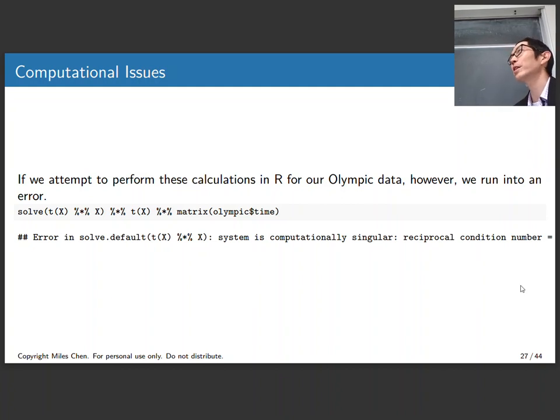We run into these matrix singularities when you have columns that are linear multiples or linear combinations of other columns, or if you do something and end up getting a 0 or an infinity. This is the problem.